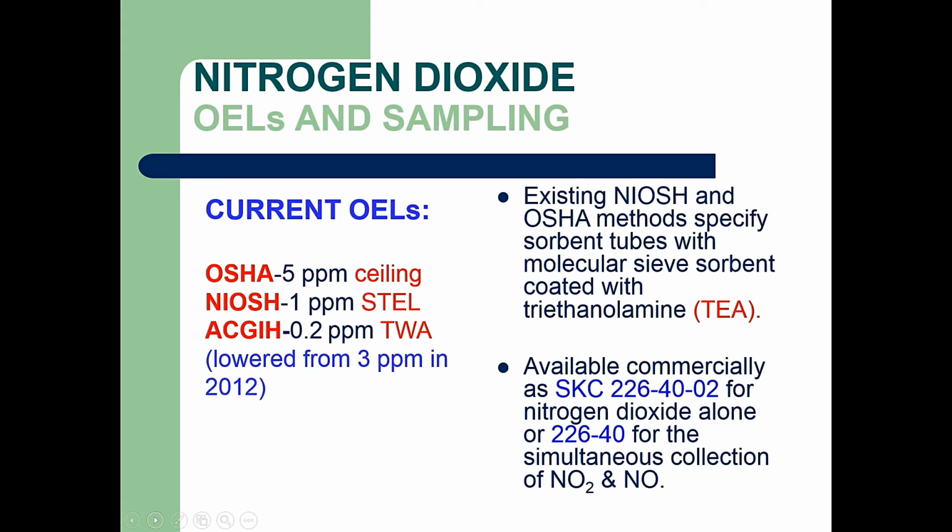Now, existing NIOSH and OSHA sampling methods specify sorbent tubes with molecular sieve coated with triethanolamine or TEA. These tubes have been available at SKC as long as I've been here, many, many years, and still widely used.